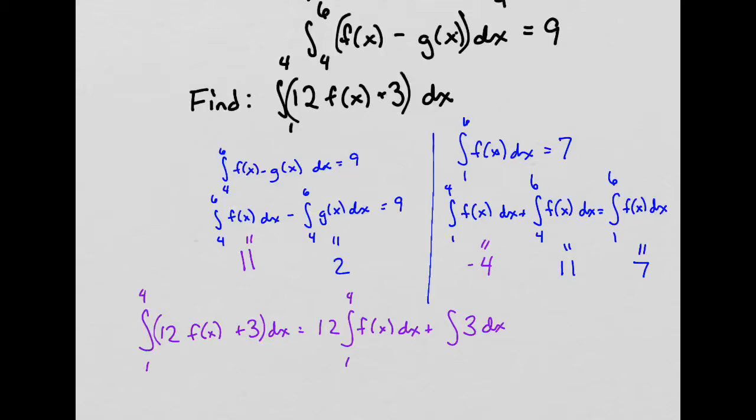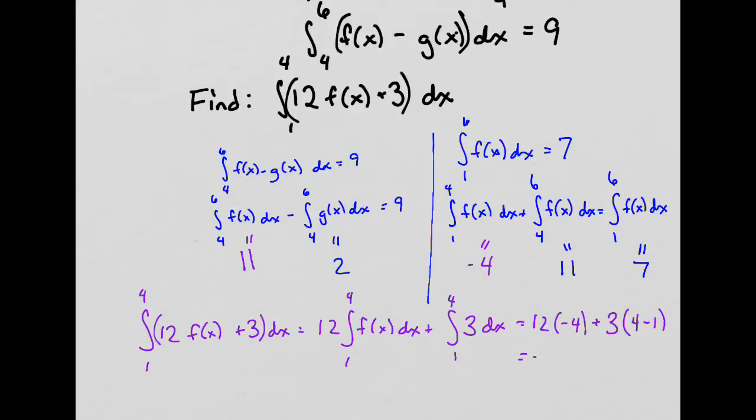And so when we solve this, we know that this, from our previous work, is negative 4. So this will be 12 times negative 4. And then, oops, this should be a 1 to 4 there. Plus the definite integral of a constant, which is 3 times the difference of your limits of integration.